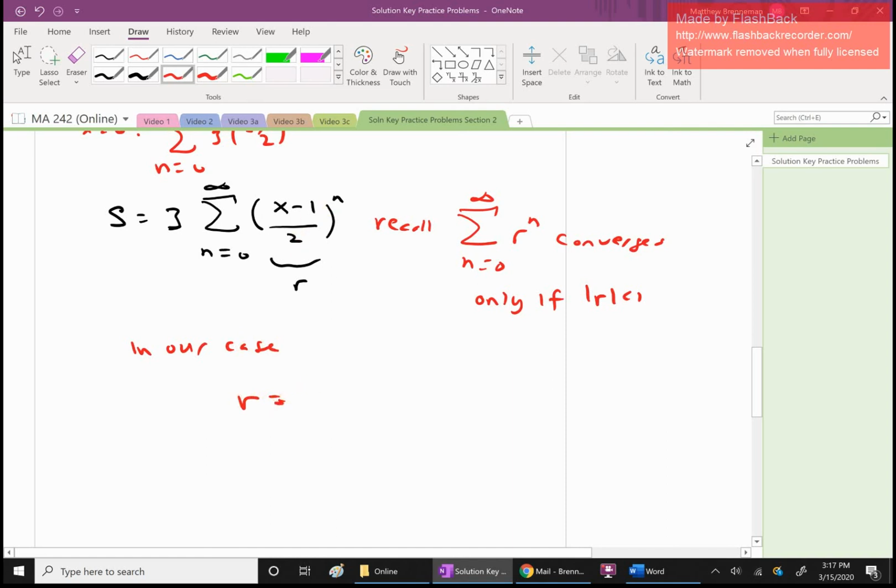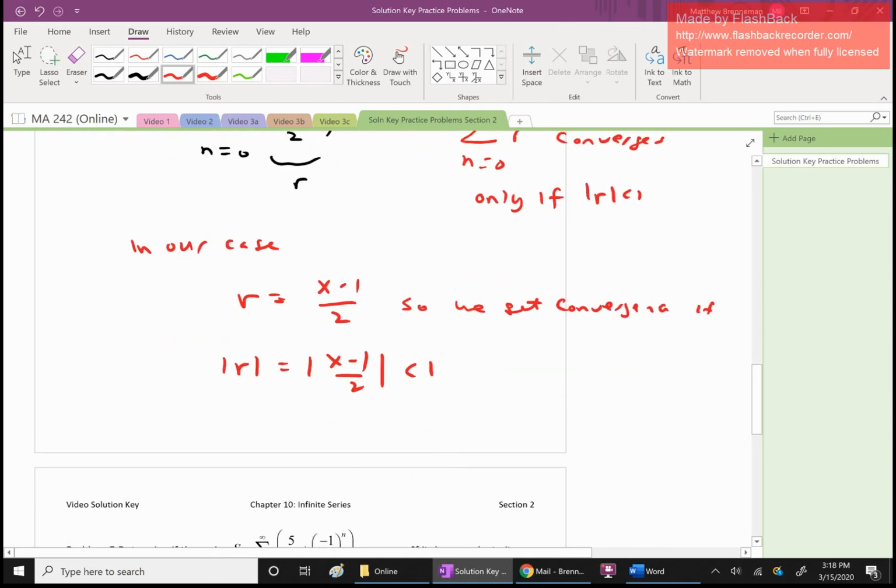It's the thing that we're raising to the nth power. So it's going to be x minus 1 over 2. And so we're going to have convergence if the absolute value of R, which is the absolute value of x minus 1 over 2, is less than 1.